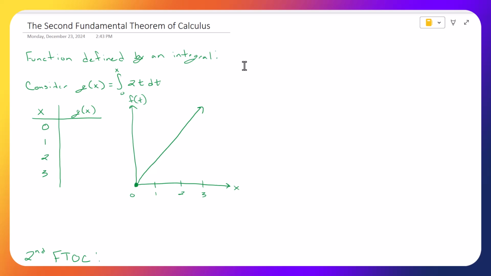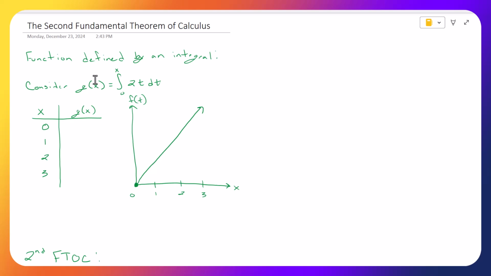Okay, so when I say a function defined by an integral, what do I mean? Well, let's consider g of x equals the integral from 0 to x of 2t dt. This is an example of a function defined by an integral. G of x is defined by the integral from 0 to x, and x is a bound of integration. That is what it means to be defined by an integral.